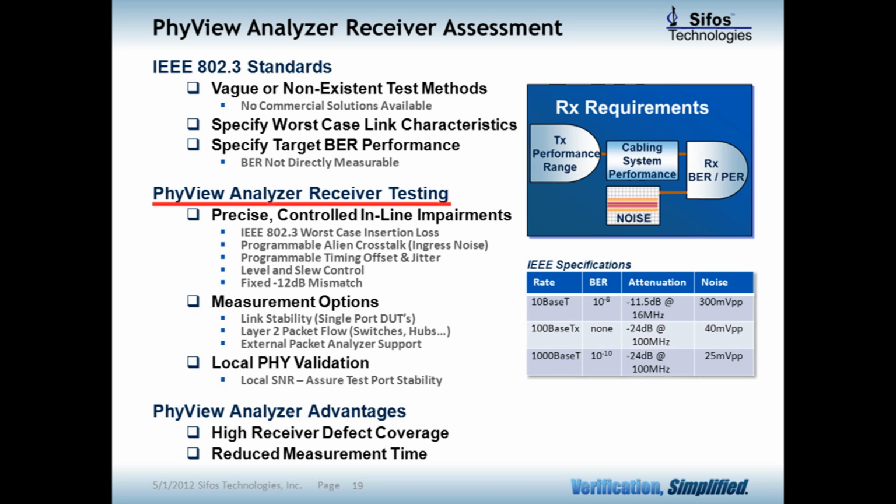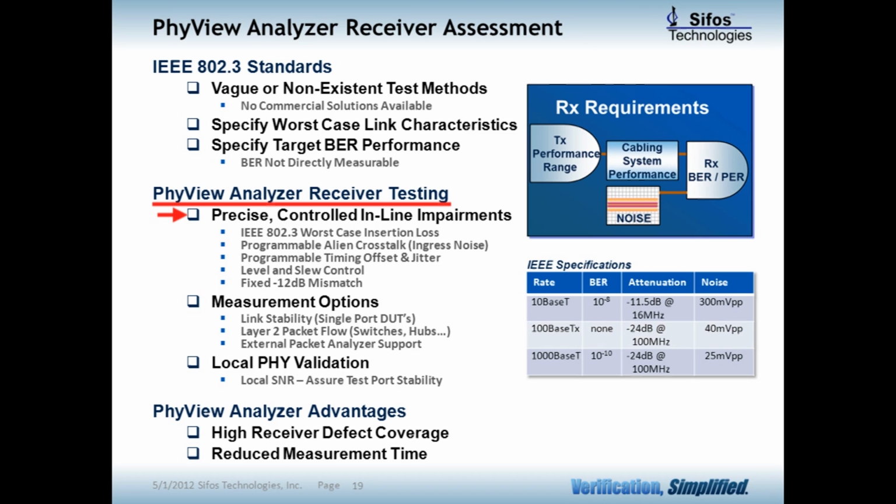The PhyView analyzer combines three types of resources to enable 10, 100, 1000 base T receiver tests. The first resource is a suite of precise, programmable, inline physical impairments that are available to each test port. These may be used to model worst-case IEEE 802.3 link conditions and to skew those well beyond worst-case conditions for the purpose of performance margining.